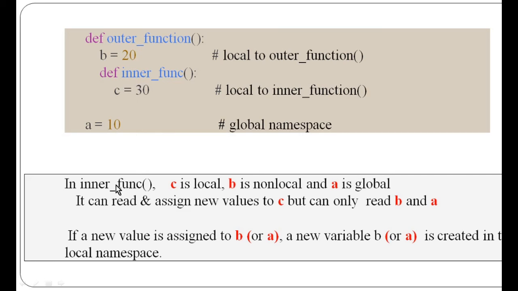So in this inner function, C is local, B is non-local and A is global. This inner function can read and assign new values to C, but can only read B and A. If a new value is assigned to B or A in this inner function, a new variable is created in the local namespace.